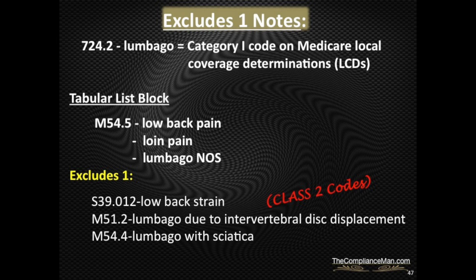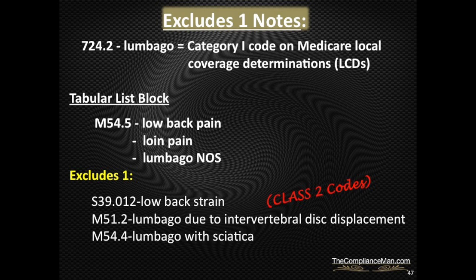So in actuality, the excludes 1 note, when you find the code, if you look under the tabular list, for example, M54.5, low back pain, you'll see that that's a category 1 code. But the excludes 1 list underneath it gives you other examples like low back strain or lumbago due to intervertebral disc displacement or lumbago with sciatica.